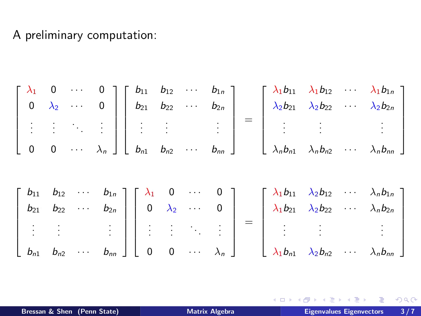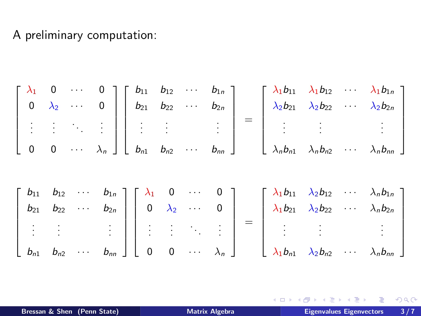And then similarly, if we switch the order of the multiplication, let's say we have a B matrix here, multiplied by a diagonal matrix with lambda 1, lambda 2 to lambda n on the diagonal. What happens to the product? Well, it's very similar to the previous one, except that now the effect of this multiplication by lambdas will be like a transpose.